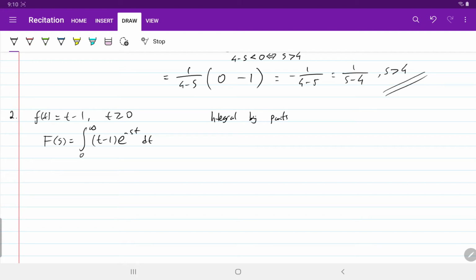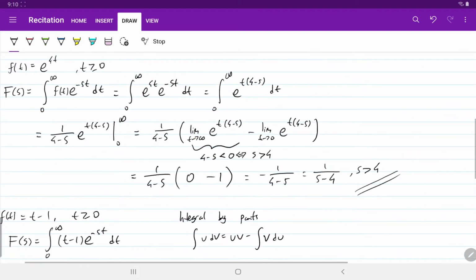So integration by parts is the integral of u dv equals uv minus the integral of v du. Okay, so somehow we treat one part as u, the other as dv, and then we work to find uv and the integral of v du. For this, assume u is t minus 1 and dv is e to the power minus st dt.